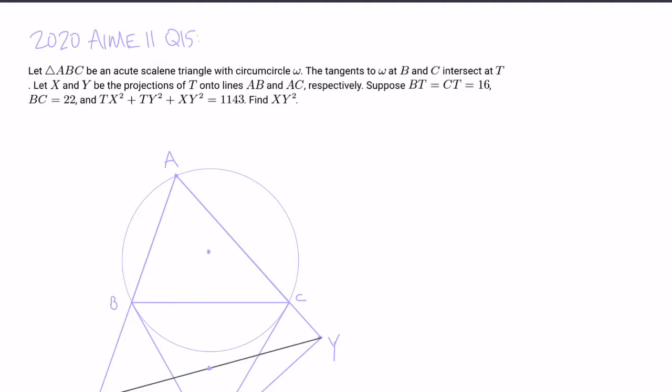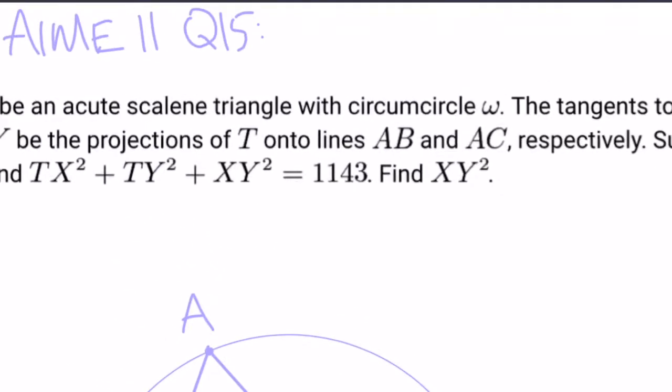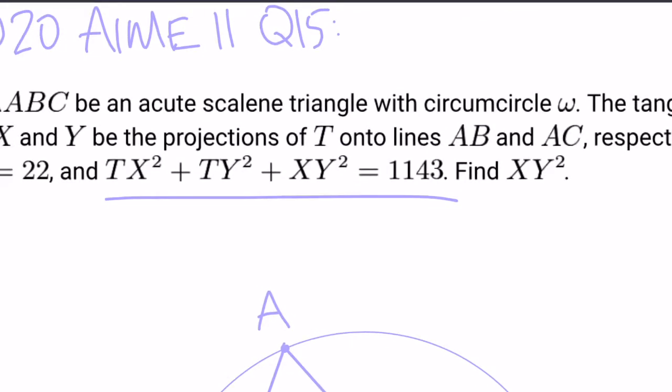Right from the get-go, the first thing that we can notice is that this condition that the problem has given us is really strange and really specific.